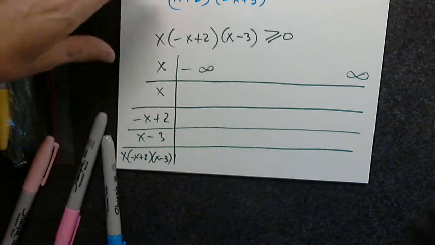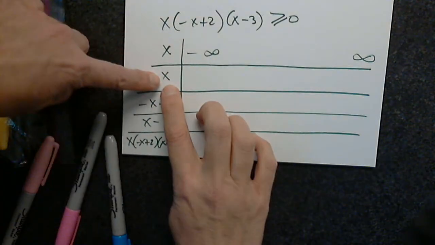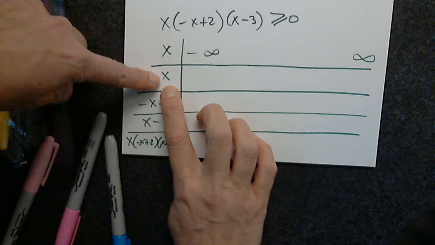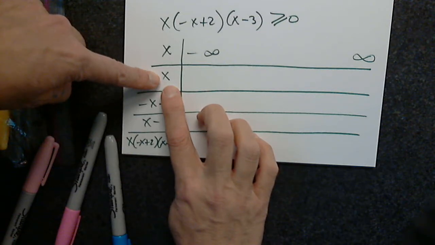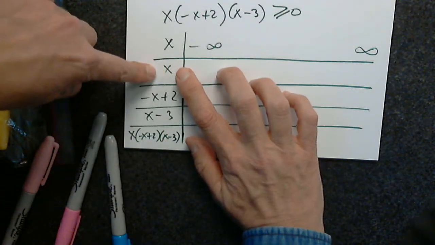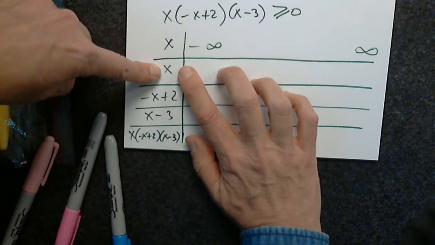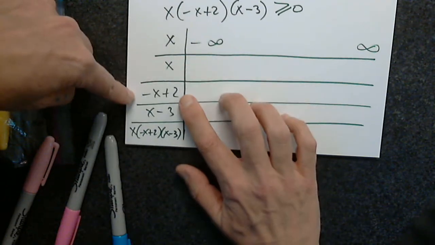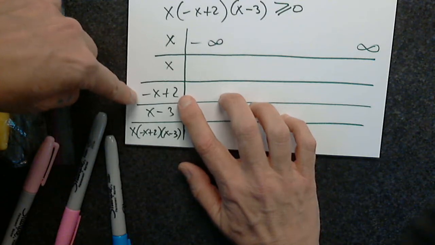So now we're going to ask you, where is the first factor 0? For which value of x? When is this factor 0? For which value of x? Of course 0. Where is this value, or this expression 0?